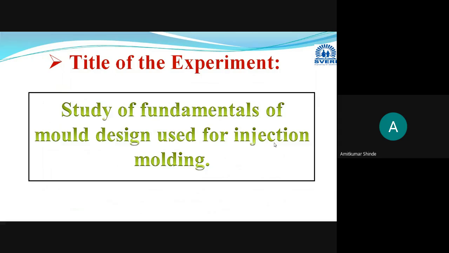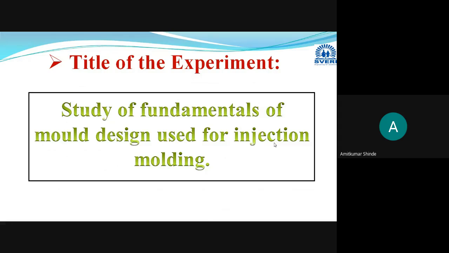We have studied the different arrangements or different molds that are used, such as the single cavity mold and multi cavity mold. Then you can go for a two plate mold or three plate mold, each having different advantages and disadvantages.